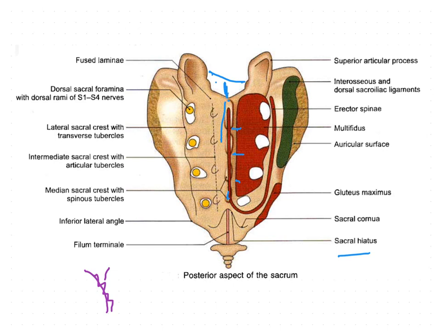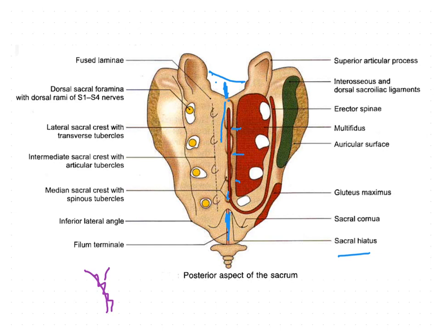This is the main opening of the sacral canal, and this is the ending of the sacral canal. Hiatus is nothing but an opening. This hiatus is formed due to the failure of the laminae of the fifth sacral vertebra to meet in the medial plane.